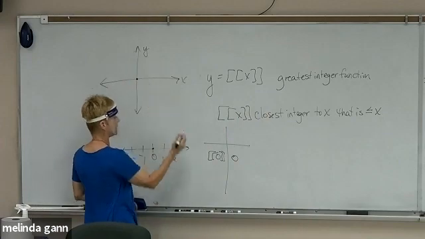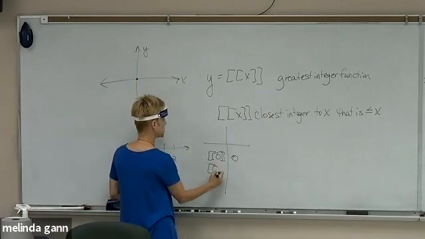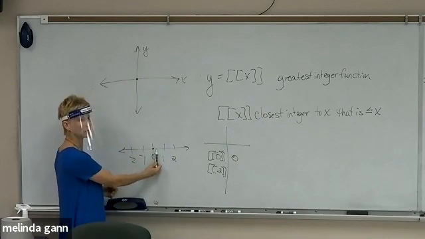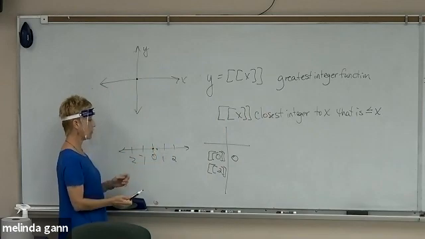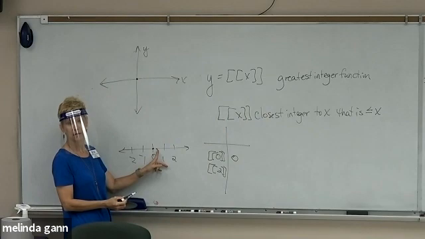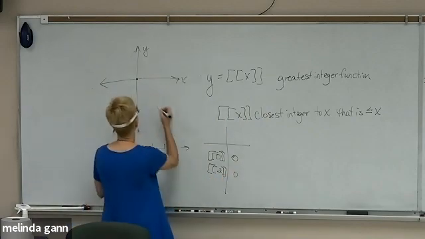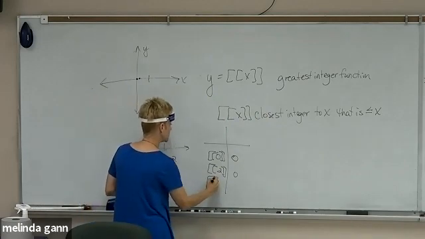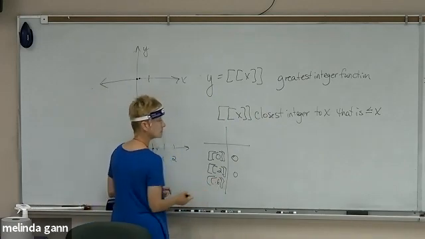Now, what's going to happen if I go over to 2/10? So now I'm right here. What's the closest integer to right there without going past it? What's that going to be? 0. What if I had 6/10? 0.